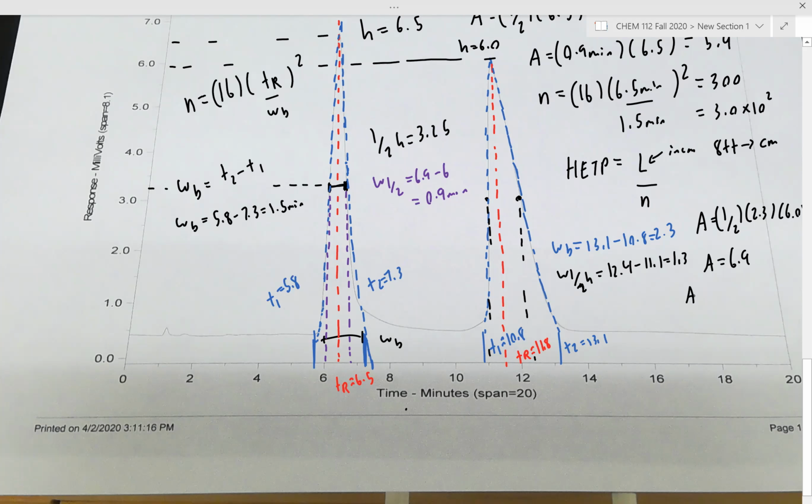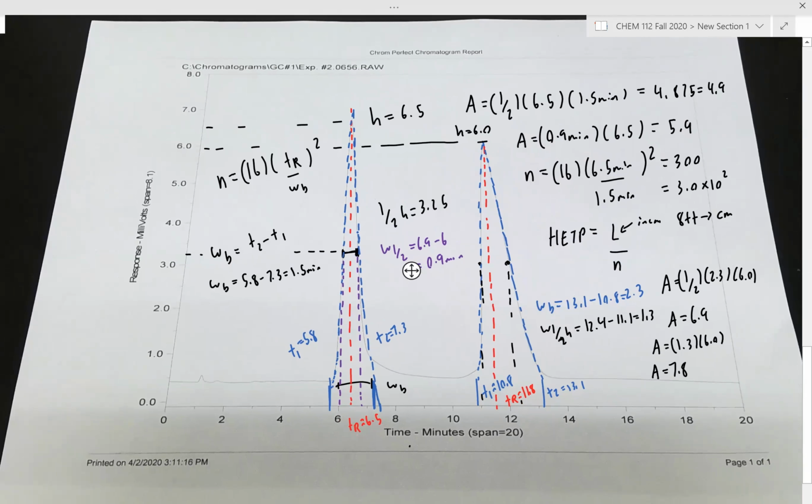Looking at our area calculated using method 2, we have 1.3 times 6.0. And that gives us a second area calculated using our second method of 7.8.